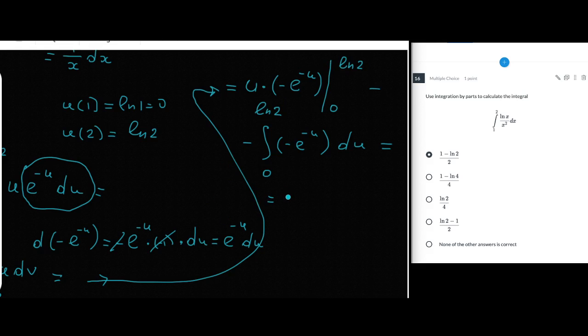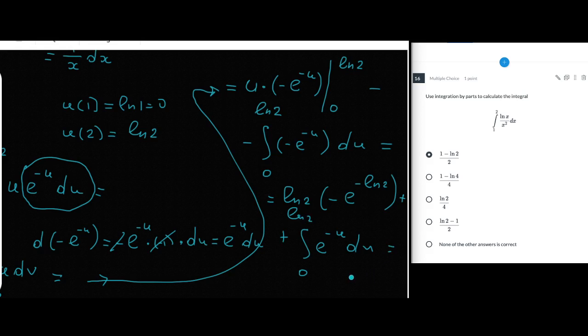We get natural log of 2 multiplied by negative e to the power negative natural log of 2. And then note that the negative sign right here and the negative sign inside the integral cancel out. So we actually get a plus integral of e to the power negative u du from 0 to ln of 2.